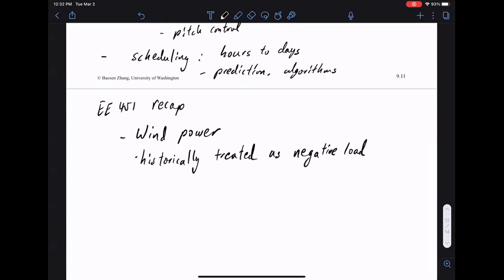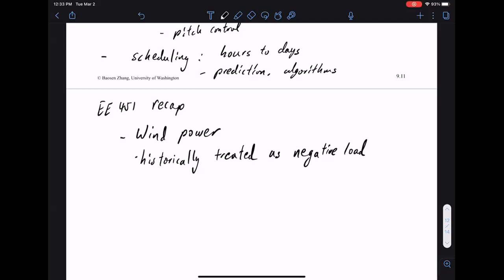Which means you basically generate how much you want to generate, and it's up to the rest of the system to balance the uncertainties in wind power. So in the 80s and 90s, if you had a wind turbine, you weren't performing any services to the grid. You were basically just coming and generating power, and you could come and leave whenever you wanted.